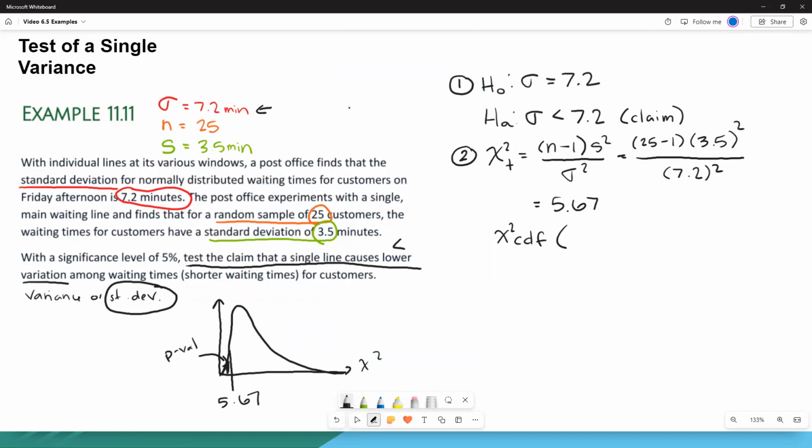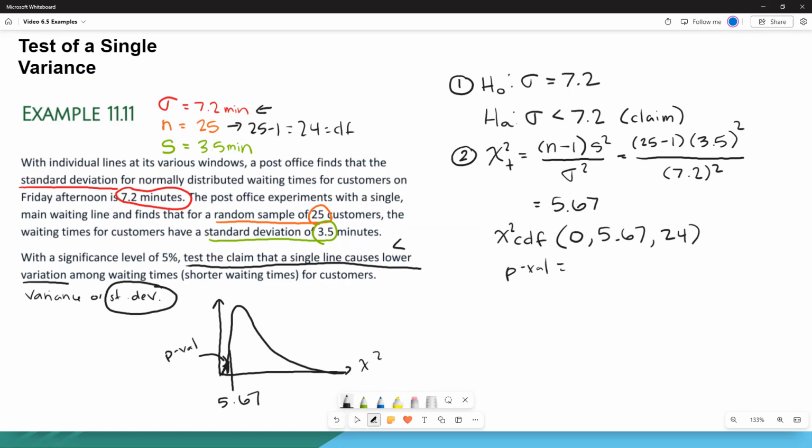So for a left tail, our lower bound is 0. Our upper bound is our test statistic. And our degrees of freedom is 25 minus 1, which is 24. So running that function, we're going to get a p-value.